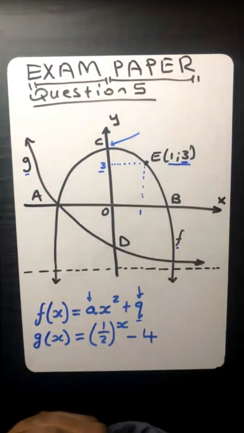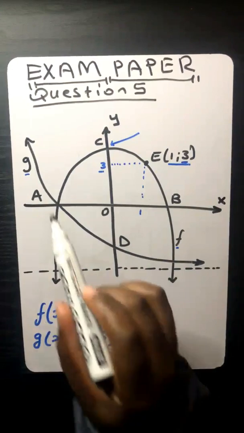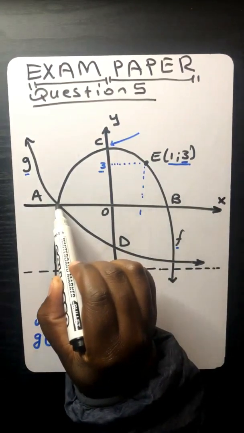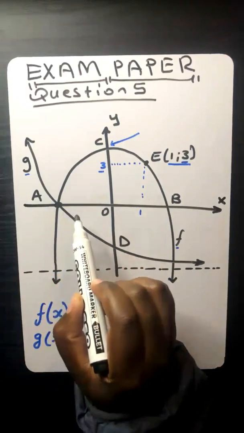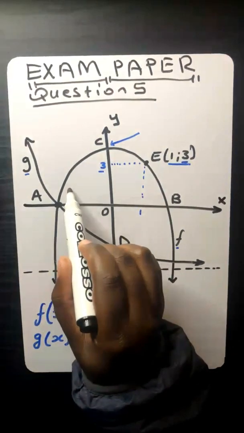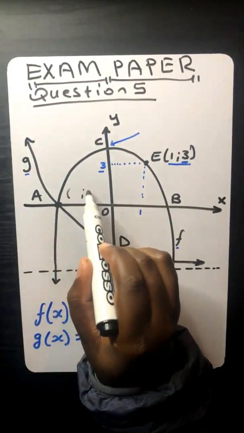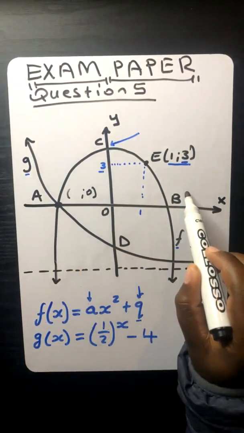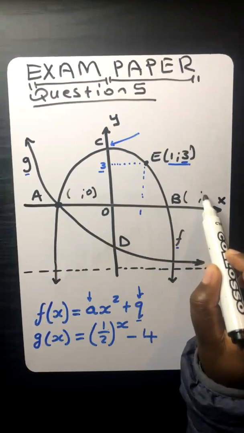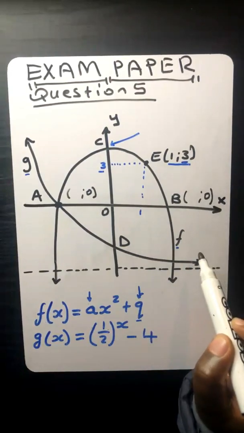Now, most importantly, the coordinates of the point A is that point over there. We know very well that at that point y is 0. And again, for B, we also know that y is 0 at that point.